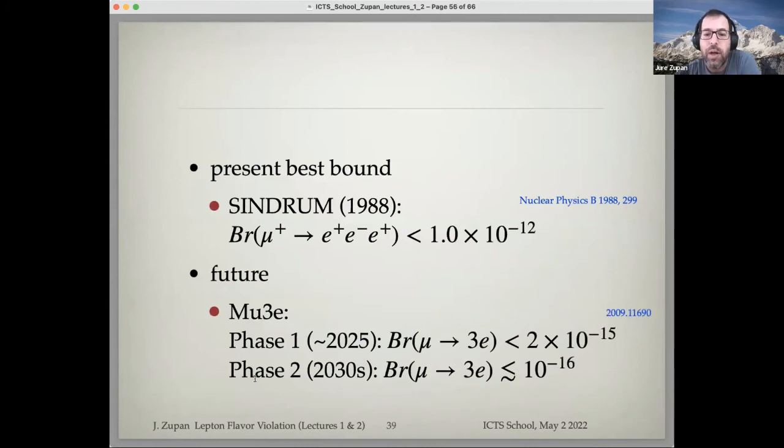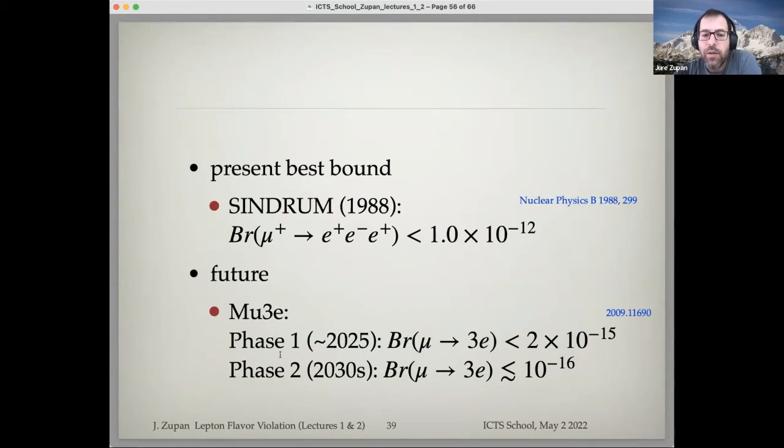All right. So present bounds are from a very long time ago. This is from 1988, from SINDRUM at PSI. It's 10 to the minus 12. And now the future measurement is also at PSI, Mu3e.